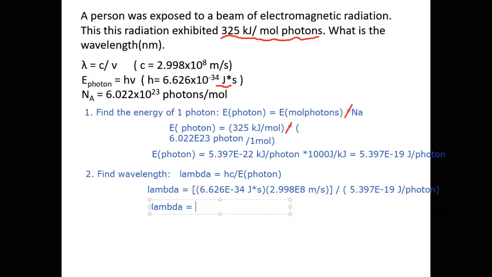You get about 3.68 e to the negative 7 meters. So notice this is in meters. We want the answer in nanometers.